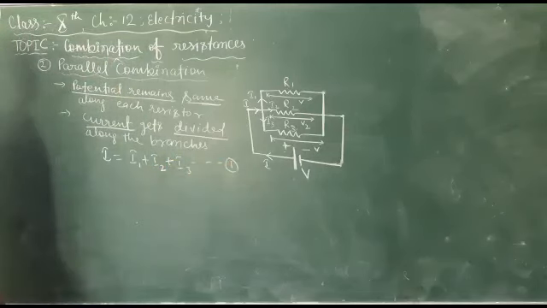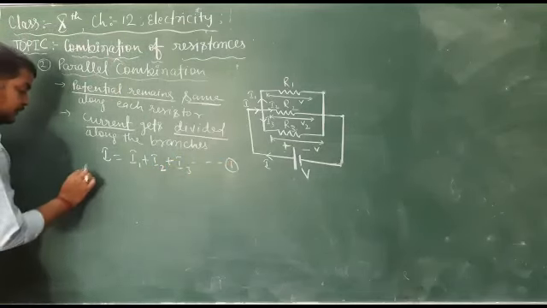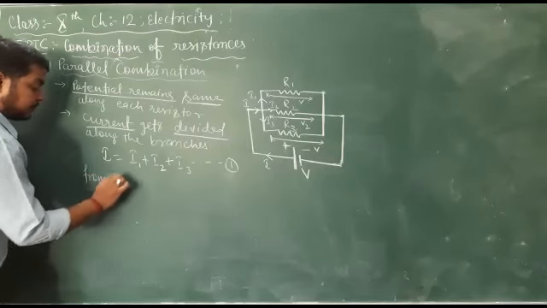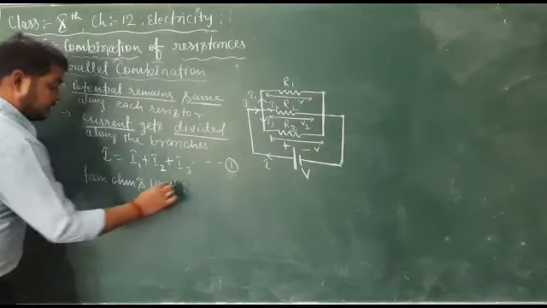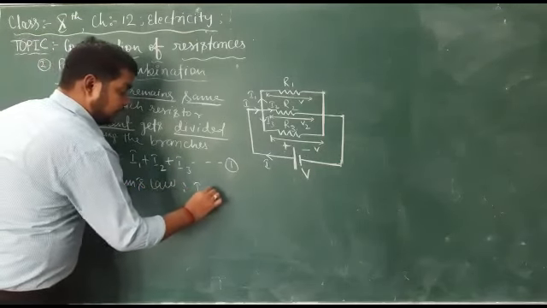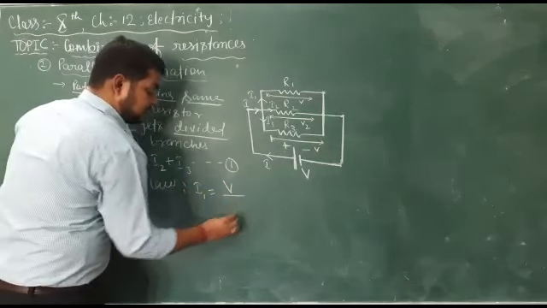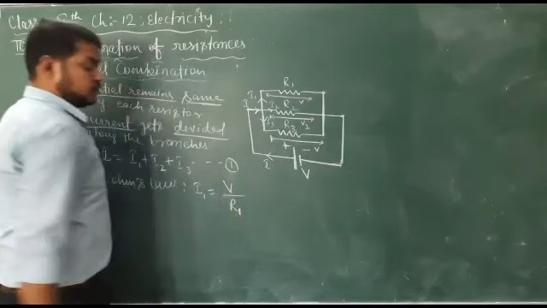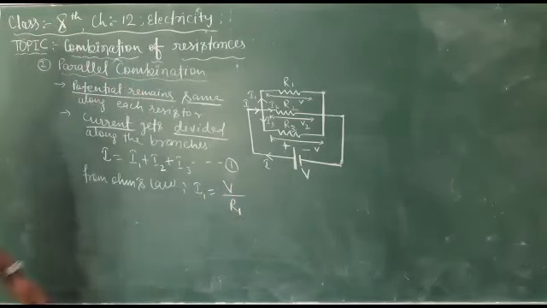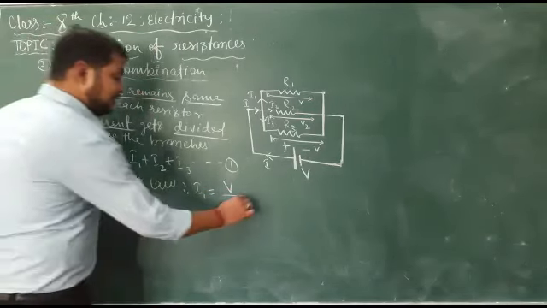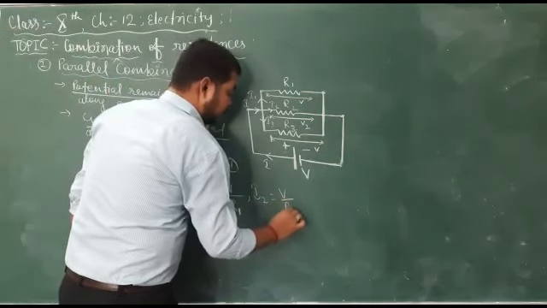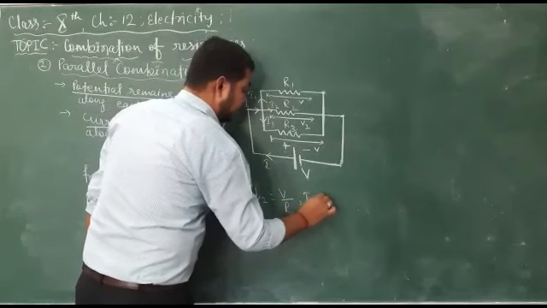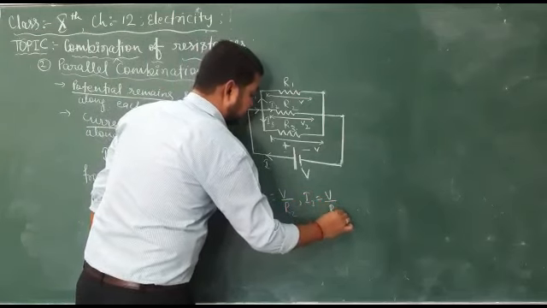Now the current along R1, from Ohm's law, I1 is equal to voltage upon resistance. So the current along the first resistor, I1, is equal to V upon R1. Similarly I2 will be equal to V upon R2 and I3 will be equal to V upon R3.